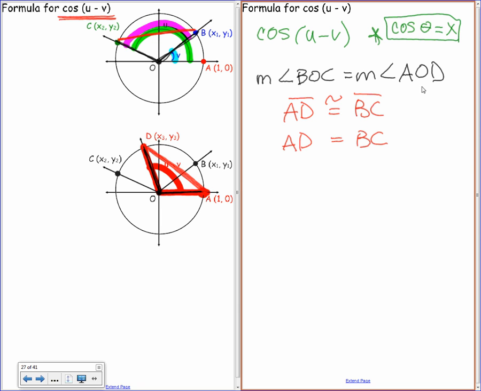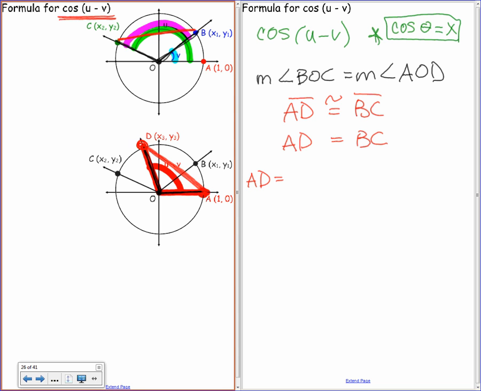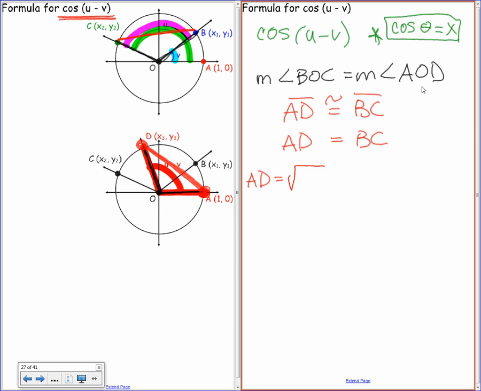Well, how do I find the distance of AD? I have a point and I have a point, so let's go with the distance formula. That would make sense. What's the distance formula here? You subtract your x values. So the square root of x sub 3 minus 1 squared added to y sub 3 minus 0 squared.